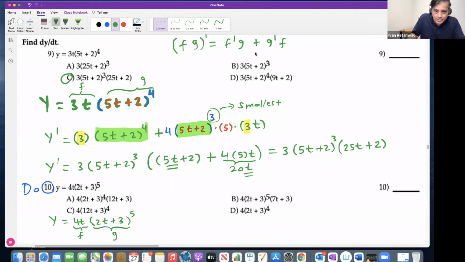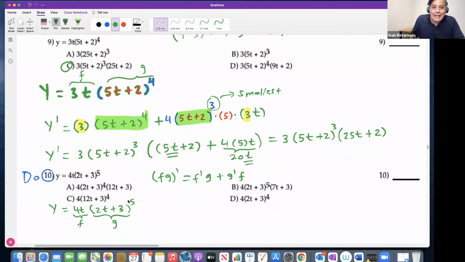And recall the product rule: the derivative of f times g equals f prime g plus g prime f. That's the product rule first. And when you're doing the product rule, you will encounter this composite function, so use the chain rule with the outside function and inside function, right? Let's write here as the outside function this, and the inside function this.